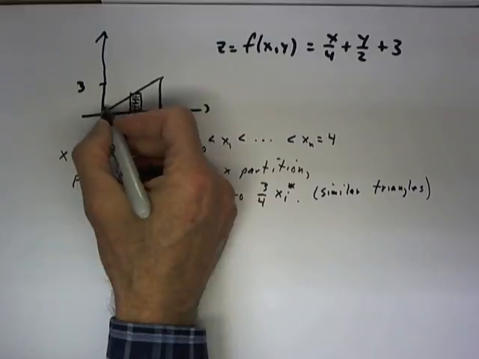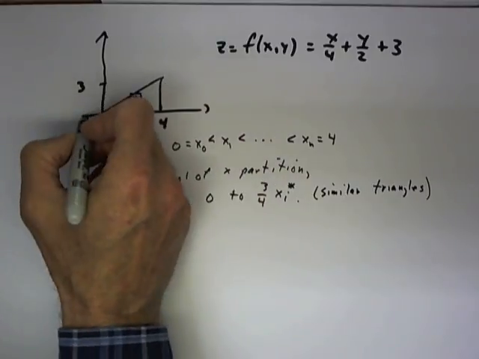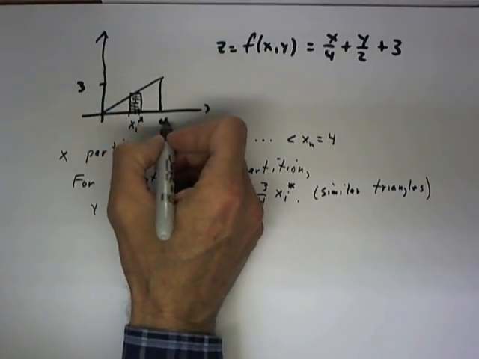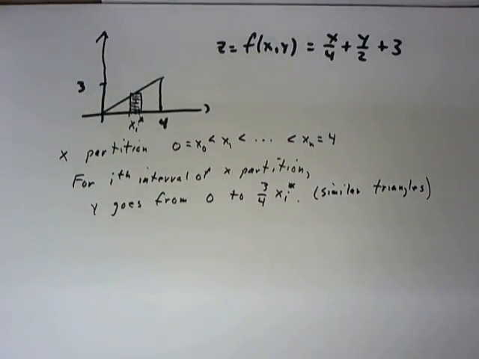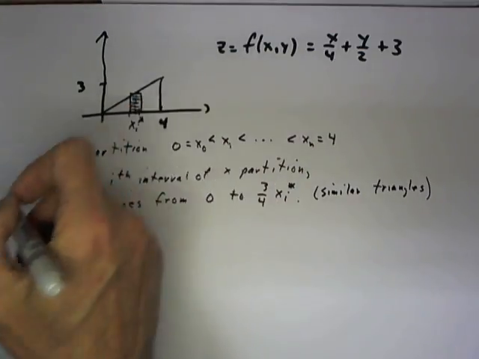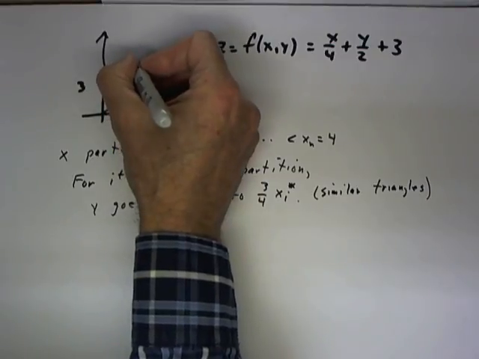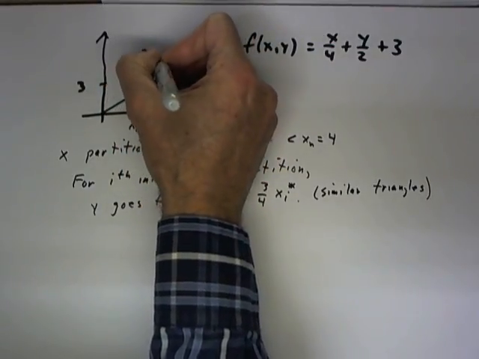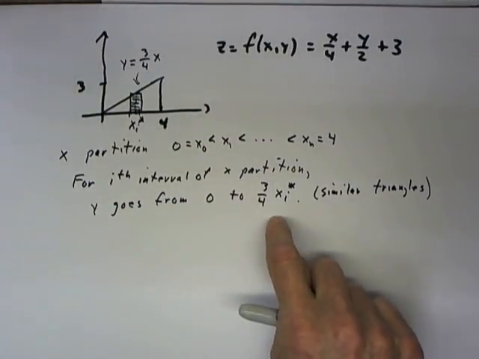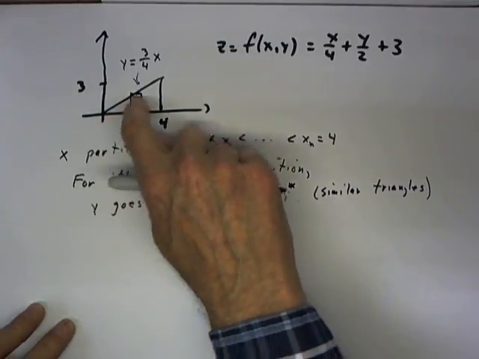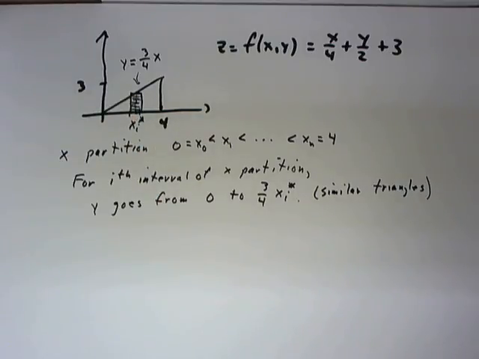Alternatively, we could observe that a straight line through the origin with a slope of a rise of 3 for a run of 4 is this line, represented by part of a graph of the function y equals 3/4 x, and we could plug in xi star and obtain the same result. So if we know what the function is here, then we know what the limits on y are going to have to be.